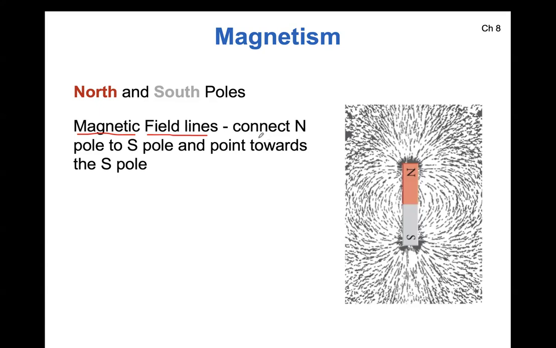And by definition, magnetic field lines connect the North Pole to the South Pole. There's a really similar concept with electric field lines, and in that case, they point from positive charge to negative charge. So you can think of that as a parallel, but we'll stick to magnetic field lines here.